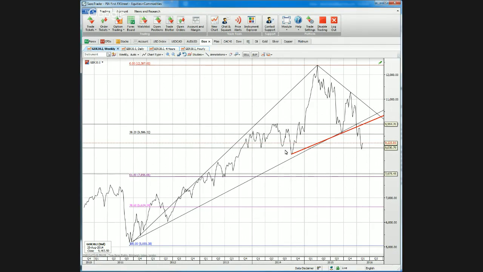This is a reversal indicator, and we expect prices to reverse when a neckline is broken. A neckline would be the low point between a shoulder, which is this peak here. This would be the start of the neckline. This would be the head. This would be the bottom of the neckline. This would be the right shoulder. So a break and a close below this neckline indicates that we're due a further correction downwards.